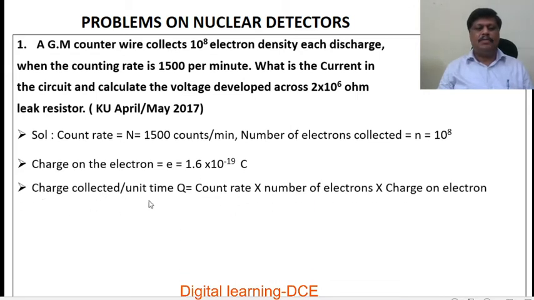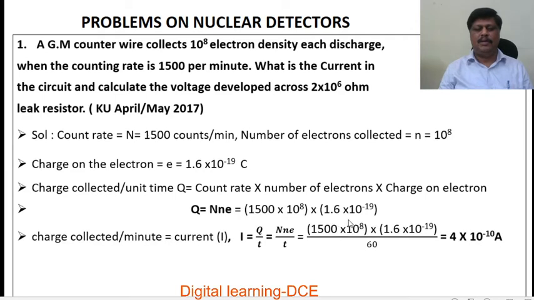Charge collected per unit time, that is Q, is equal to count rate into number of electrons into charge on each electron. That is Q is equal to N n e. So count rate is 1500, small n value is 10 power 8, that is number of electrons collected, and charge on each electron is 1.6 into 10 power minus 19 coulomb.